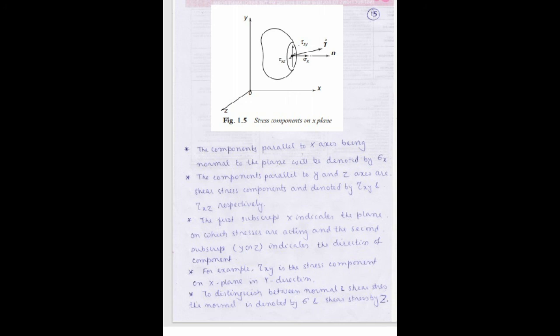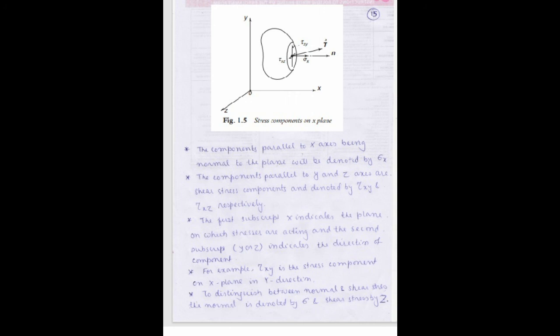For example, tau xy is a stress component on the x plane in the y direction. Tau xy is the stress component on the x plane in the y direction.